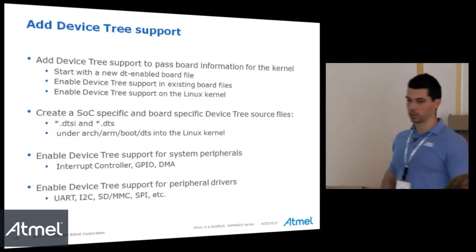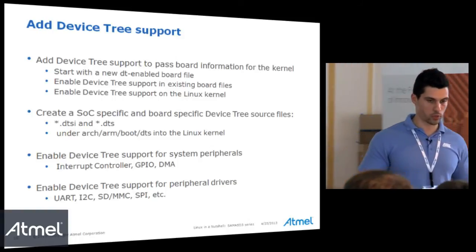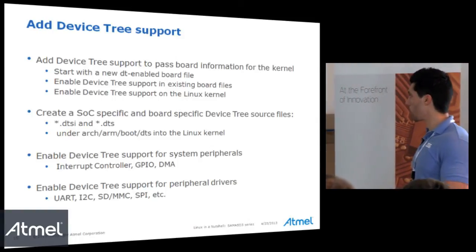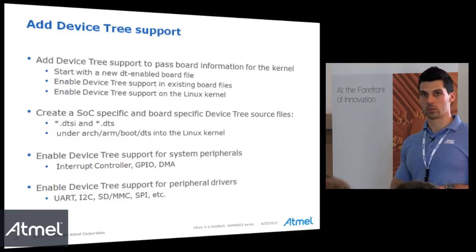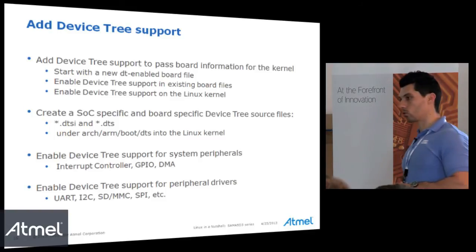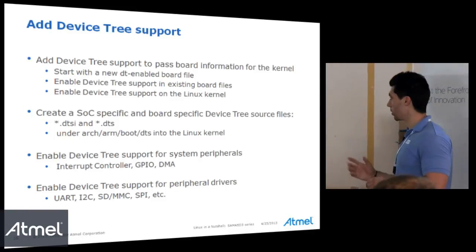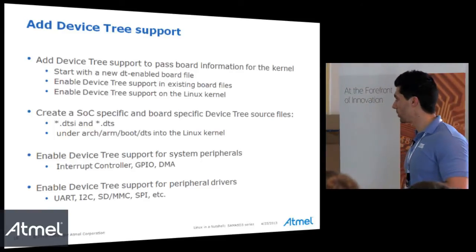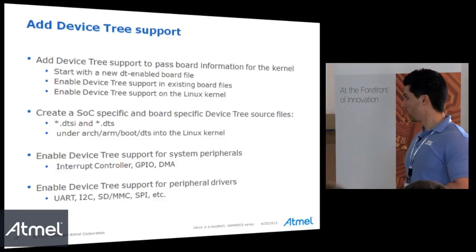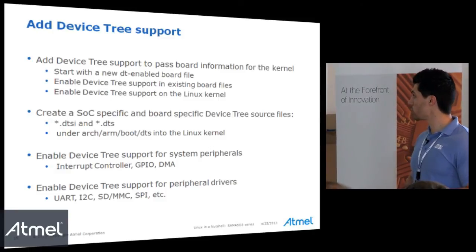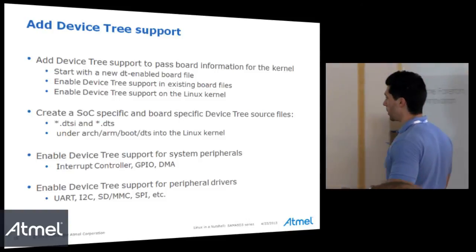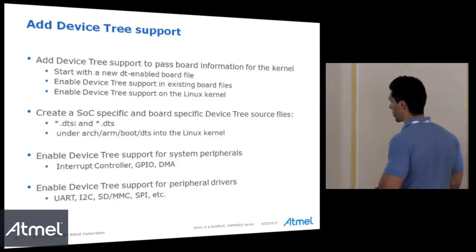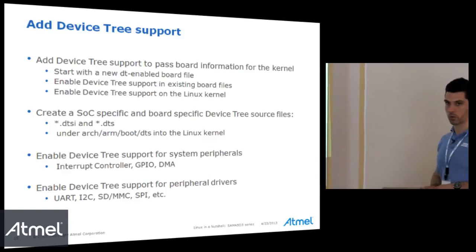Another quite important piece of information I forgot previously is that when compiling a device tree, we use a different compiler. This is a different tool used to compile the device tree, and it also generates a different binary. The last two steps to add the device tree support are to enable the device tree support for system peripherals and for peripheral drivers.